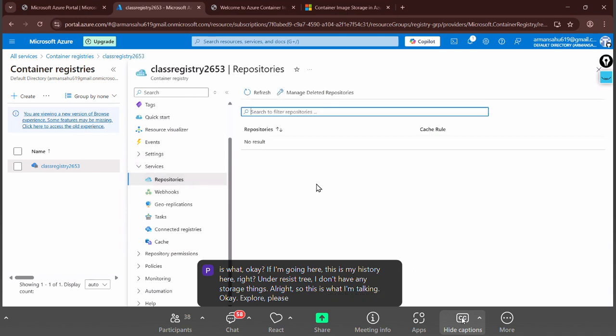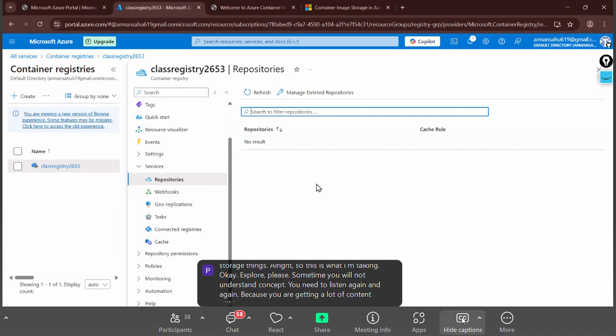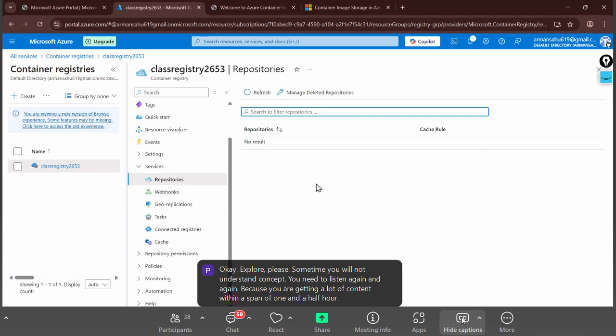Explore, please. Sometimes you will not understand a concept. You need to listen again and again, because you are getting a lot of content within a span of 1.5 hours. If you take it in a positive way, it's very good because I am saving your time. You are learning technology very fast.